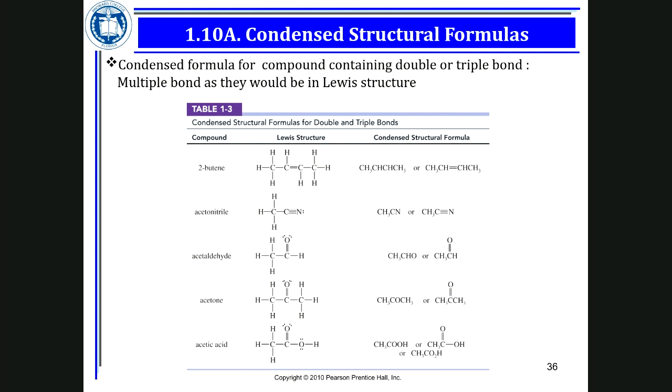We have the name for the compound, 2-butene, the structure formula, and then we have the condensed structure formula. If we have this condensed structure formula, how do we know there is a double bond there? Because you have 2 options. If this is given to you, you might just consider there's a typo.